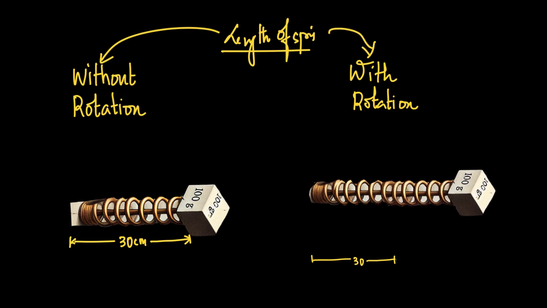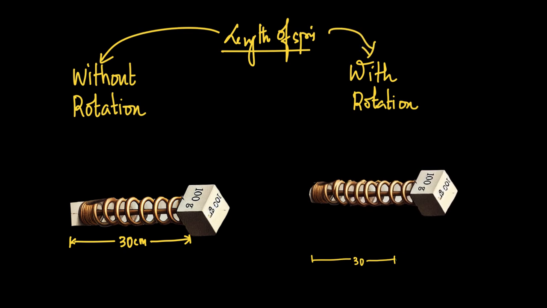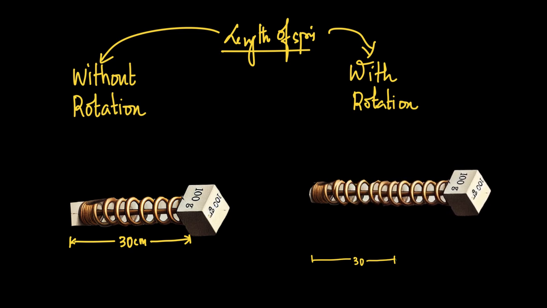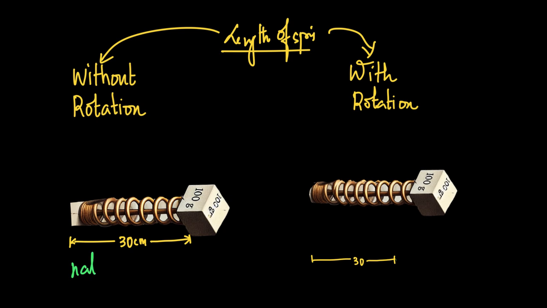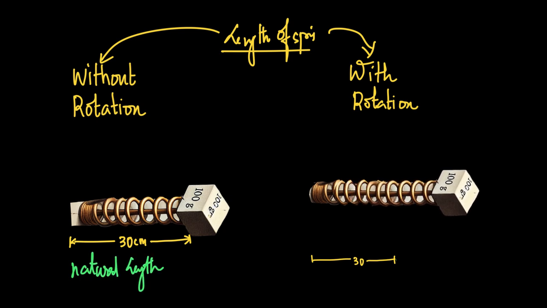What I mean is, when you have a spring attached to a mass, when it is not rotating, it will be at the natural length, right?